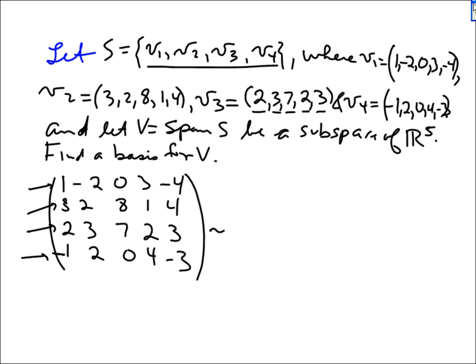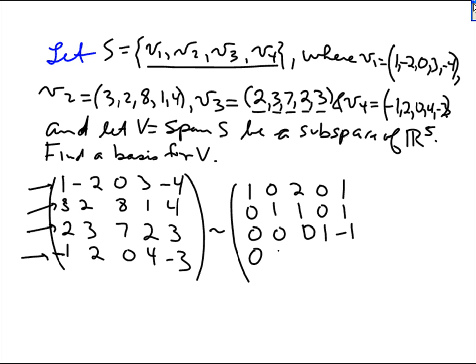And if you reduce this, you will get the following. Reduce means RREF form. Now at this point, you're able to find the basis. It's the spanning basis. Just ignore the rows that are 0.